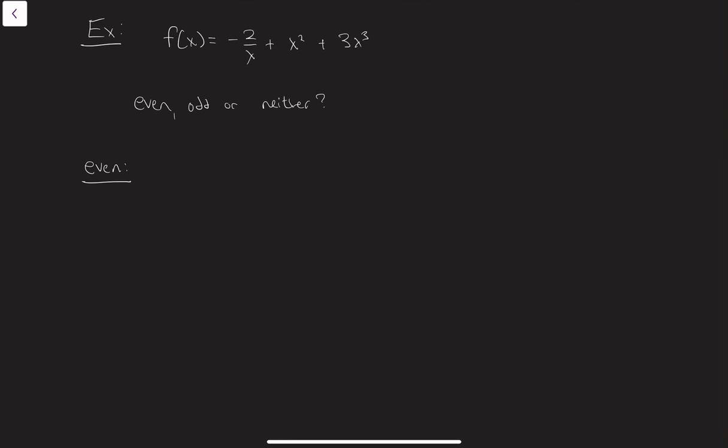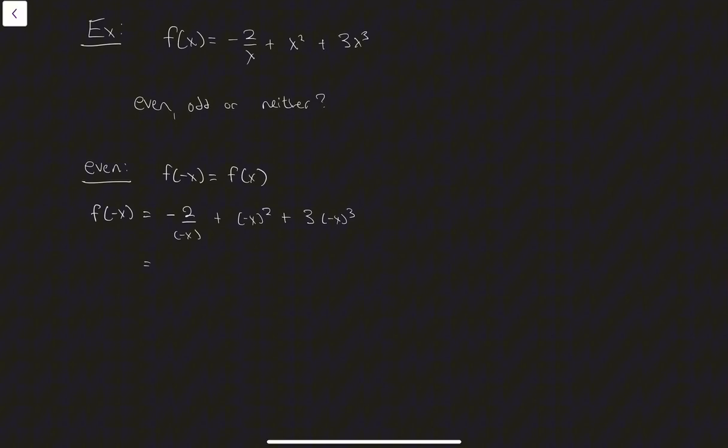To check the even case, we do the following. f of negative x should equal f of x. We need to check if that's true. So we plug in negative x everywhere we see an x. That gives us negative 2 over negative x plus negative x squared plus 3 times negative x cubed.